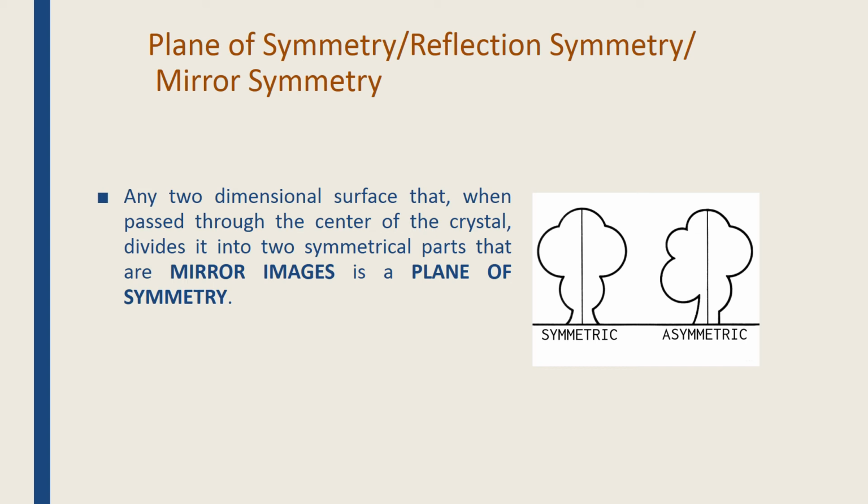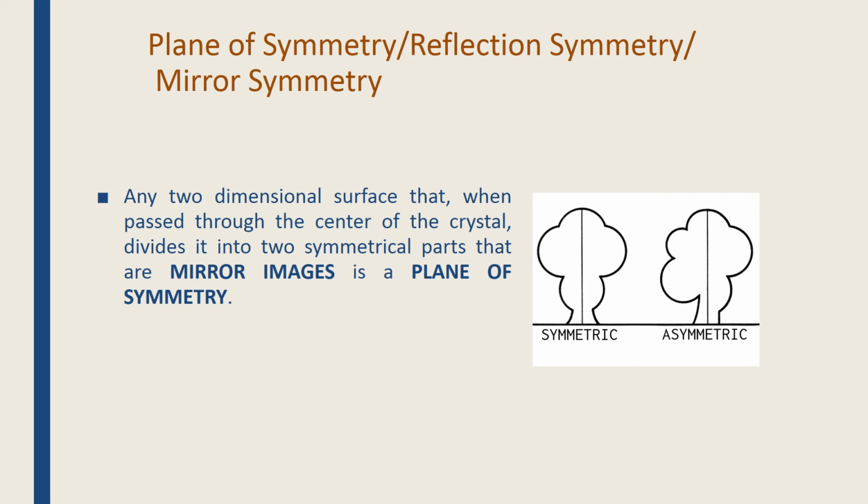Okay. So now, a plane of symmetry is any two-dimensional surface that, when passed through the center of a crystal, divides it into two symmetrical parts, exactly like if you stand in front of a mirror. The shape on the left is symmetric because the line in the middle cuts it into exactly two parts, one a mirror of the other.